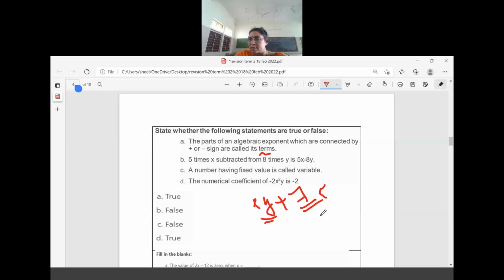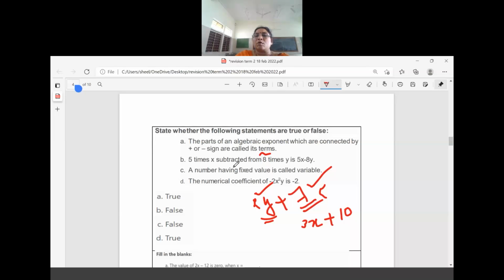The 2n matchstick case we have seen, then the patterns we have studied, 2n minus 1, 3x plus 1, like that. So this is called terms, right? When we are writing 2y, this is called the first term, and 7 is called the second term. When we are having 3x, only one term. When we are adding plus 10, you are getting the second term, right? Each one we are calling terms only.